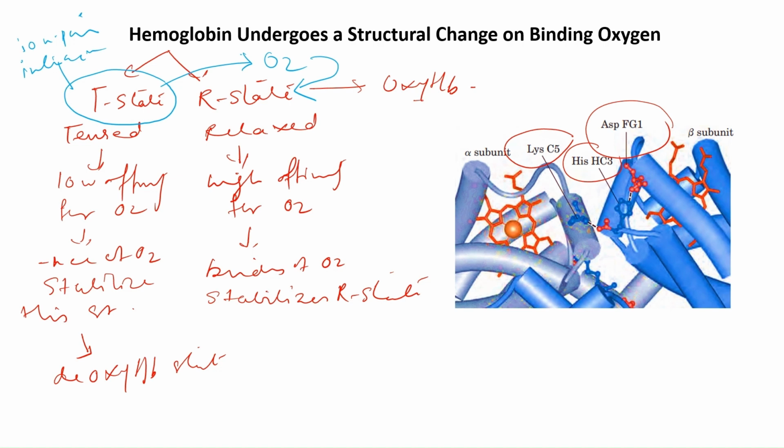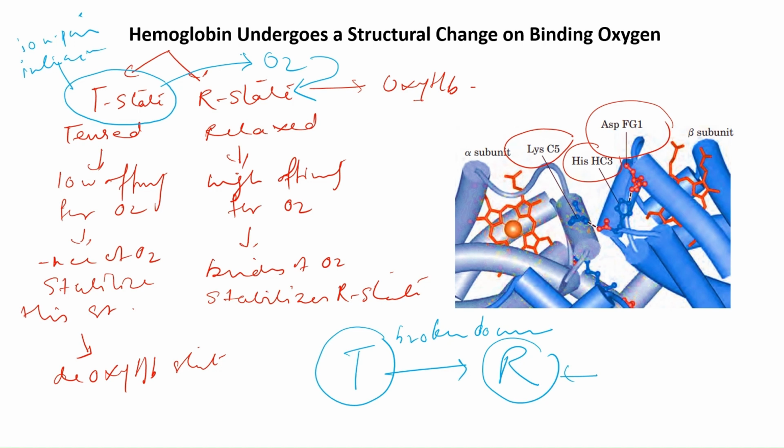Correct? Because the state is now changing from T to R. So to convert from T to R state, those ion pair interactions should be broken down. And when the R state is formed, for the stabilization of this state, some new ion pair interactions will form.